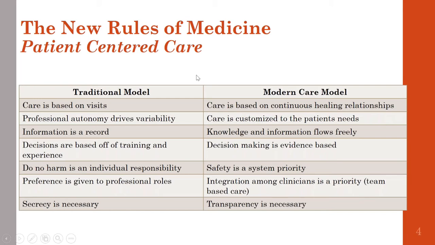And really in this modern world, we're talking about interdisciplinary care, where we look at integration among clinicians as being a priority. And interdisciplinary care, I just want to spend a moment on this, is different from multidisciplinary care. So in a multidisciplinary care model, you're acknowledging the fact that there's multiple people on the team and that each one of those disciplines has goals for the patient, has their own care plan for the patient, and you're acknowledging their existence.